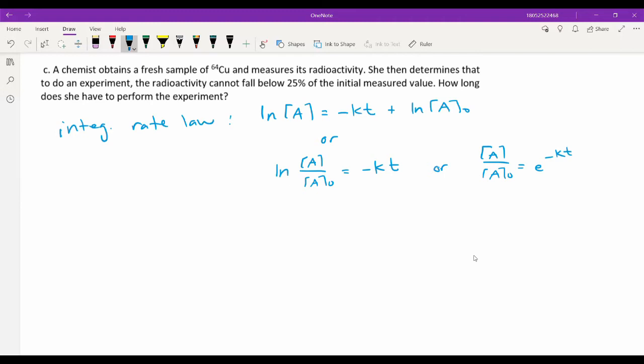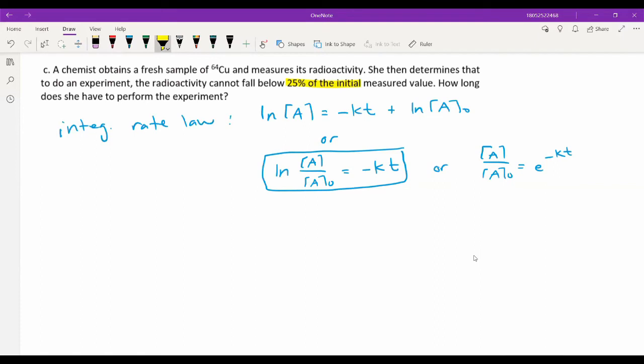So there's actually a longer way and then a really quick way to do this problem. But just to go through, let's say we were solving it with this. We want to know basically if the reactivity needs to be at least 25% of the initial amount.